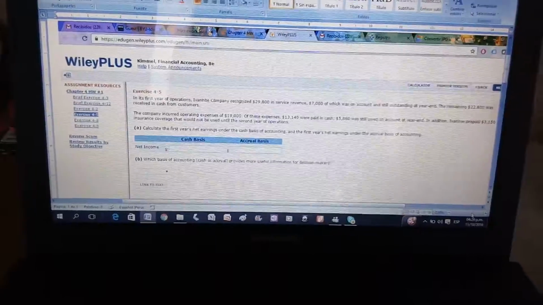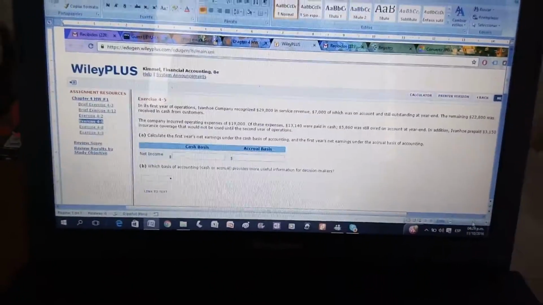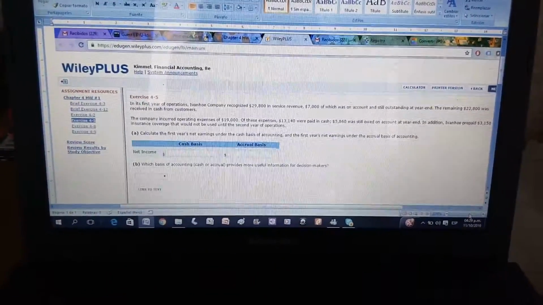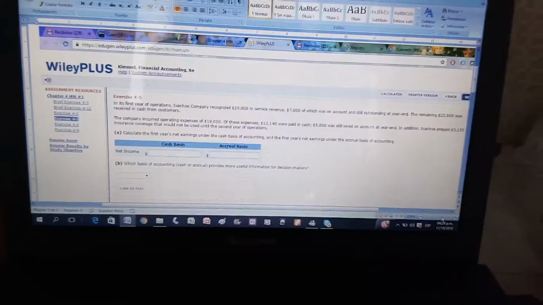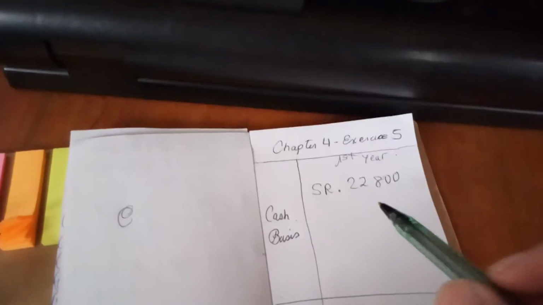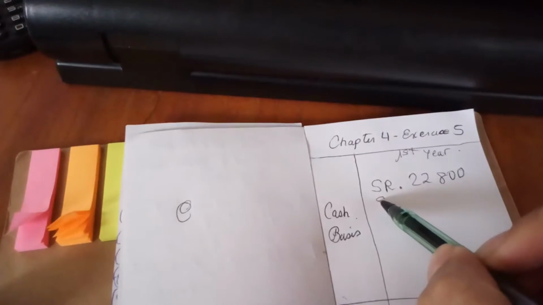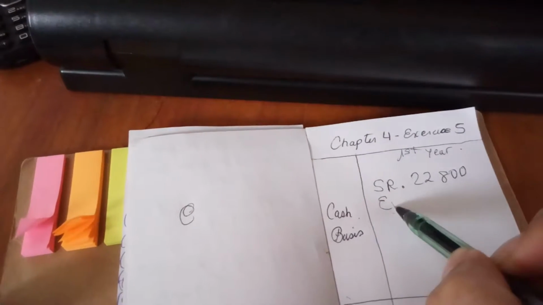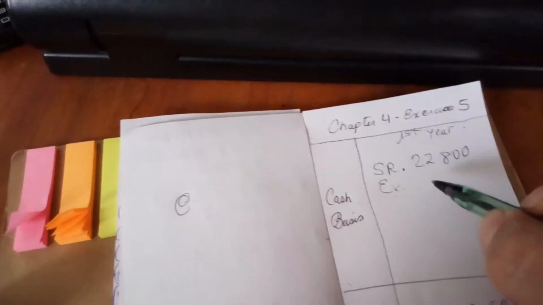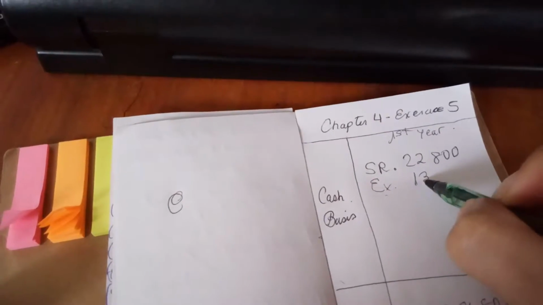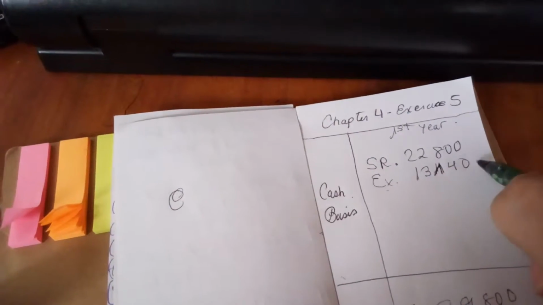And if we are talking about cash basis, we will record this amount, the amount that was paid in cash. So in cash basis, we will subtract expenses, which was 13,140,000. Okay, this was on cash.